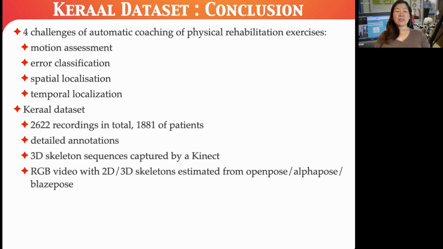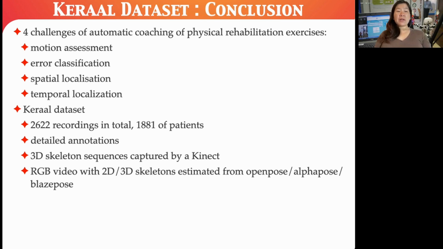Our dataset proposes 2,622 recordings in total, including 1,881 of patients on long term during 3 weeks of care. It also offers detailed annotations on each of the 4 challenges.